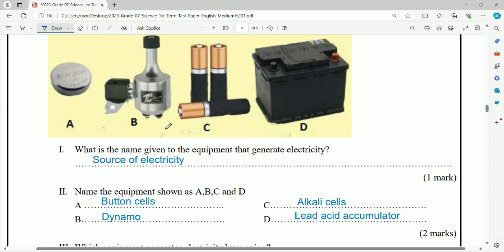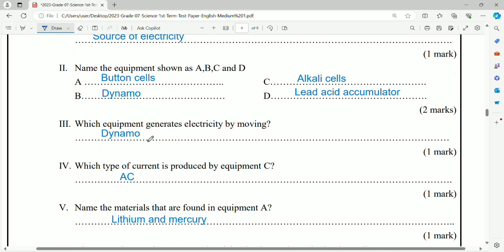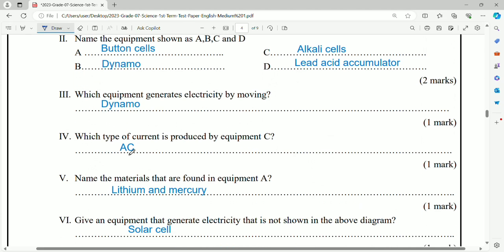Other things will produce DC current. Which equipment generates electricity by moving? Dynamo. When we move the cycle, we get electricity from the dynamo. By rotating a turbine, we get electricity from the dynamo.